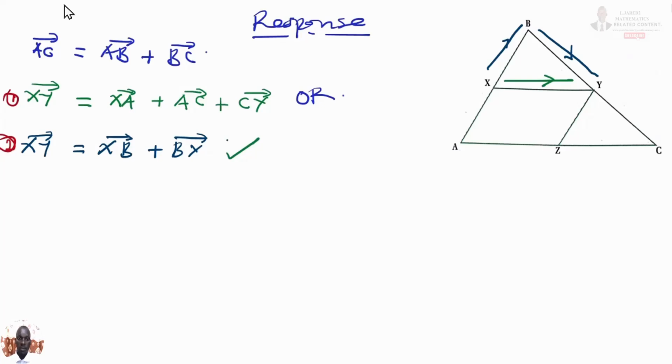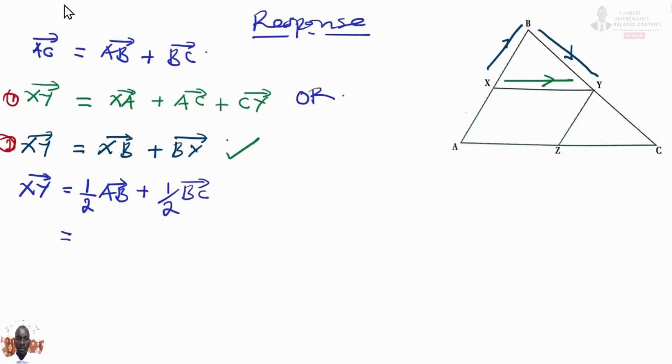So now it implies that our vector XY equals, so vector XB is the same as half vector AB. Why am I saying a half? Because they said in the question that X is the midpoint of the line AB. It means that when I'm expressing the vector XB, it is a half of vector AB plus the vector BY, but BY is a half the vector BC.